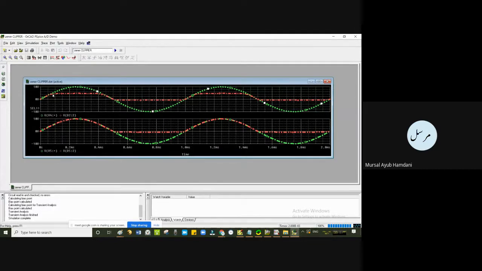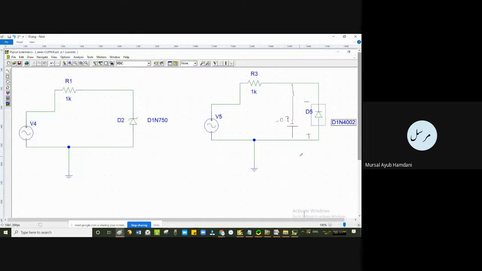Now why is this a little low here after this particular value? Because its VI characteristics are different in the reverse bias. Till this it will follow the open circuit model, but then it increases. This is V, this is I. We saw this in the characteristics.